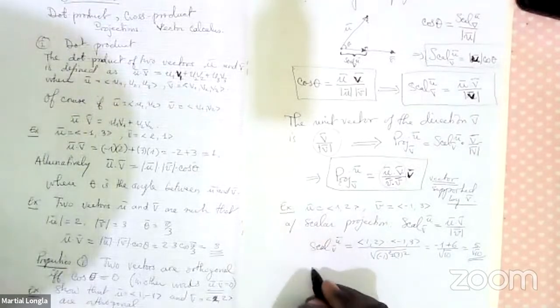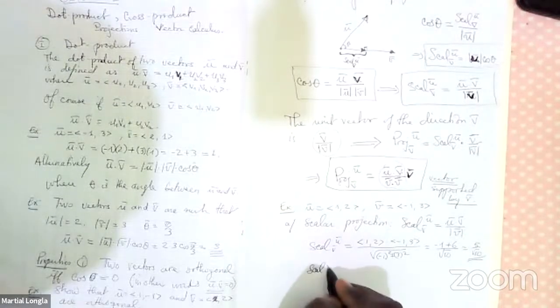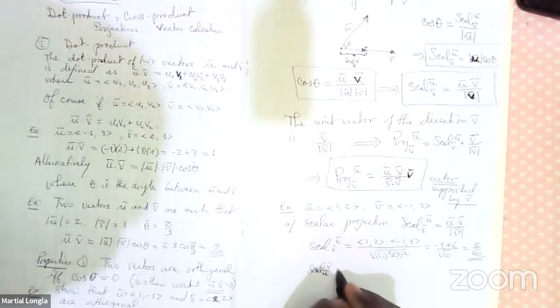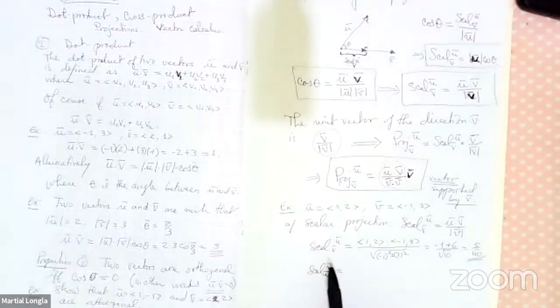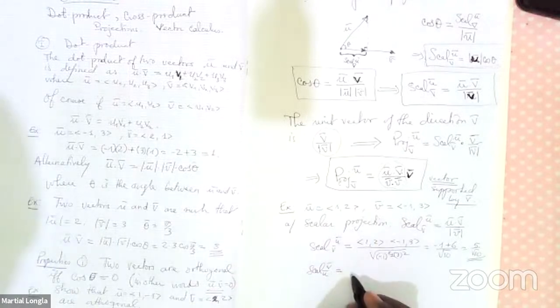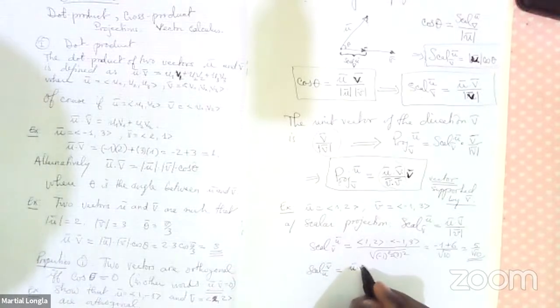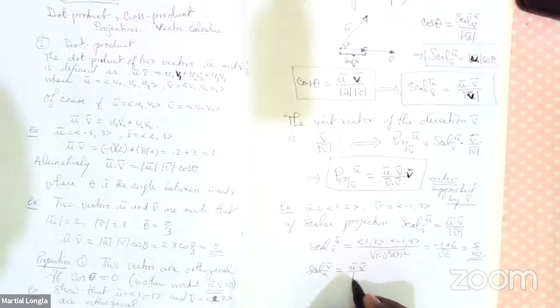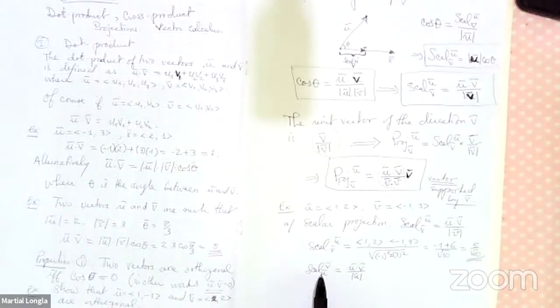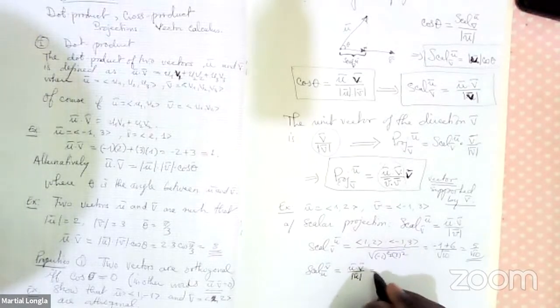And now I can actually find the scalar projection of v onto u. If I want instead to project v onto u, that's going to be u dot v over the magnitude of u. So it's always over the magnitude of the one that you're projecting on. So if I'm projecting v on u, I divide by the magnitude of u, and the u dot v doesn't change.